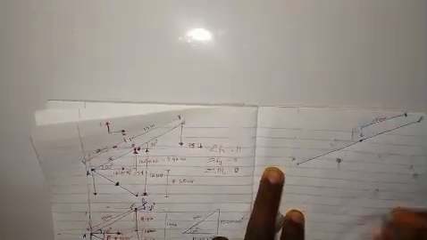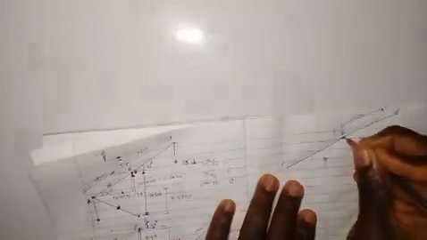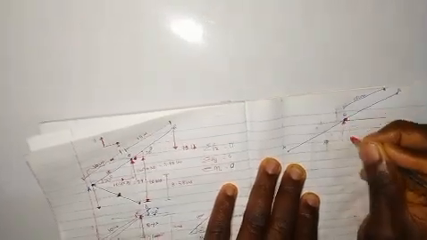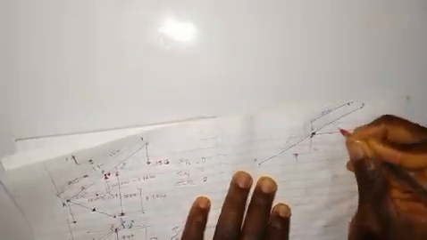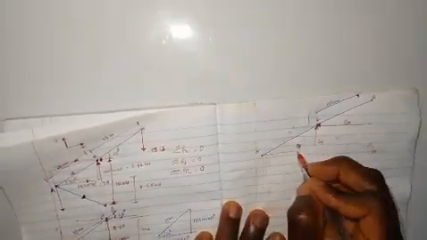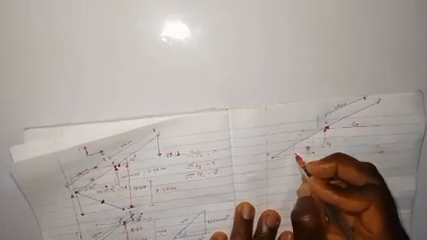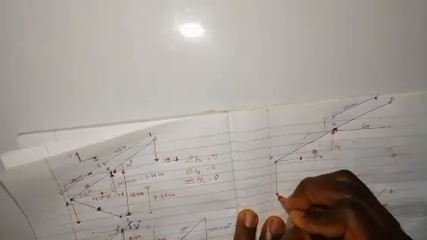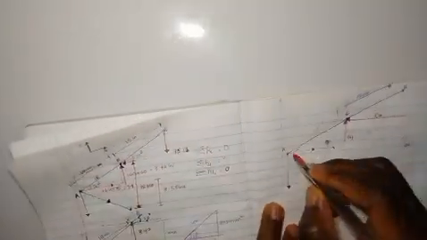Let's write out all those forces: this is our CY and this is our CX, in these directions. Then this is the point D.